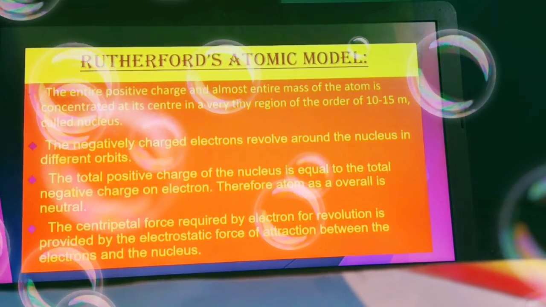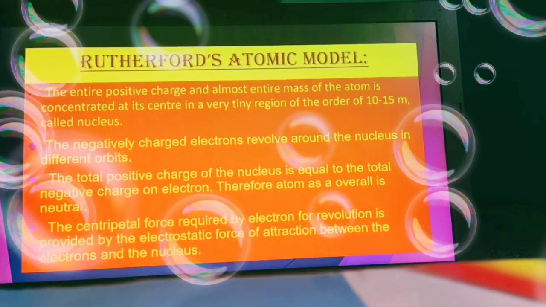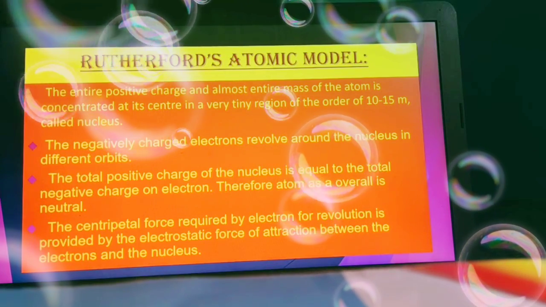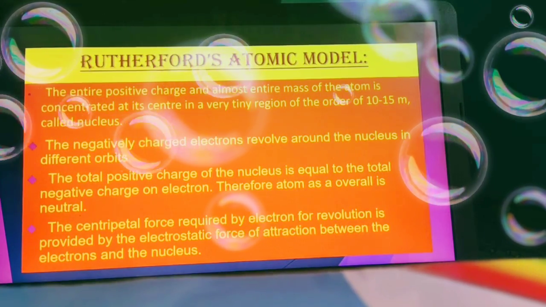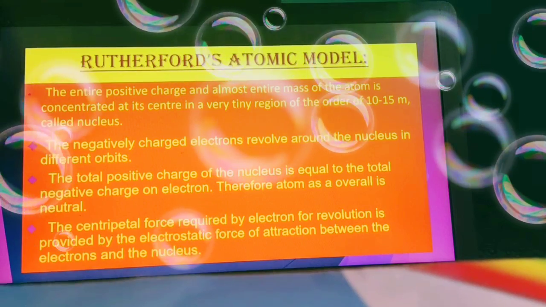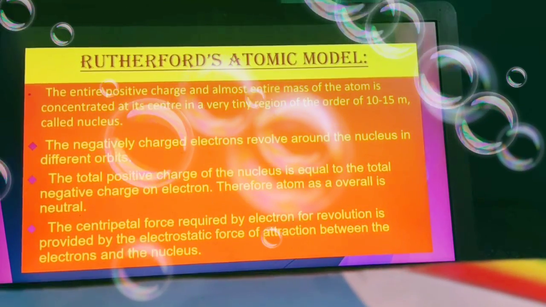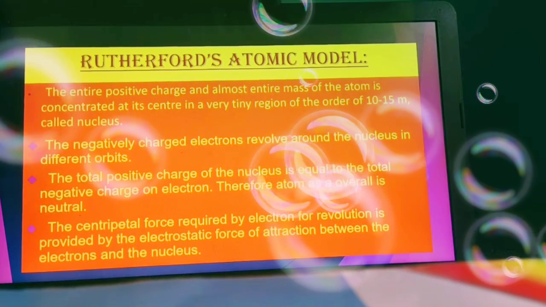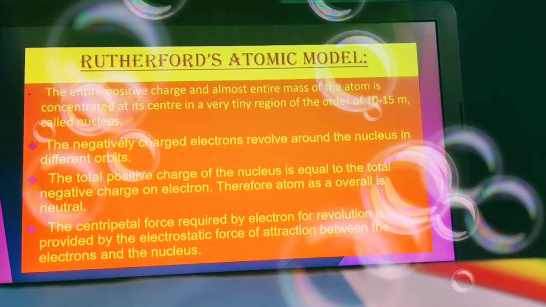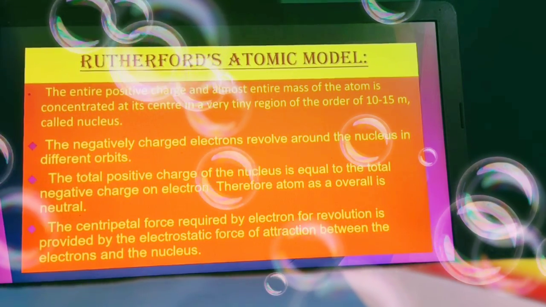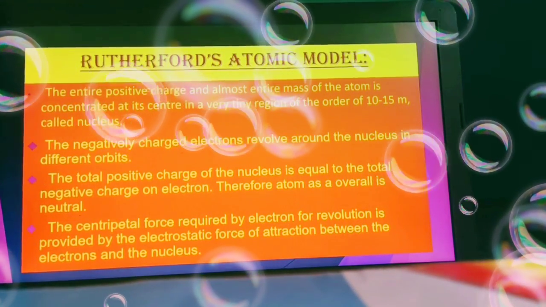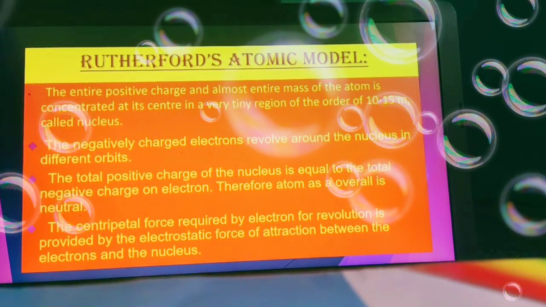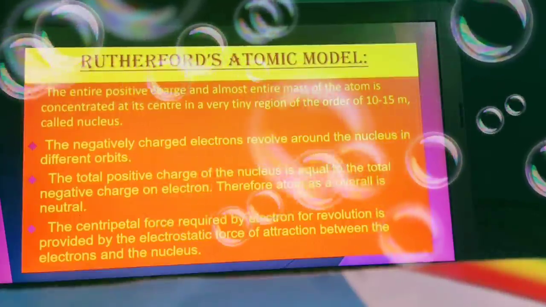We know that a body moving in a circular orbit requires the centripetal force. Similarly, the last point is the centripetal force required by electrons for revolution is provided by the electrostatic force of attraction between electrons and nucleus. These are the postulates of Rutherford atomic model.